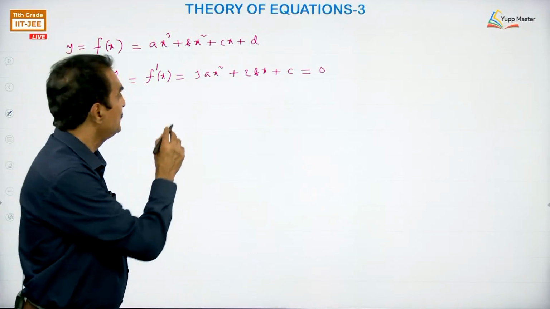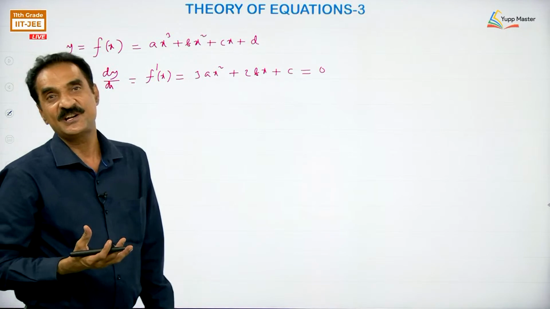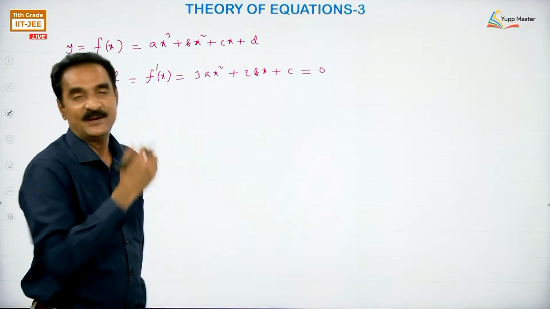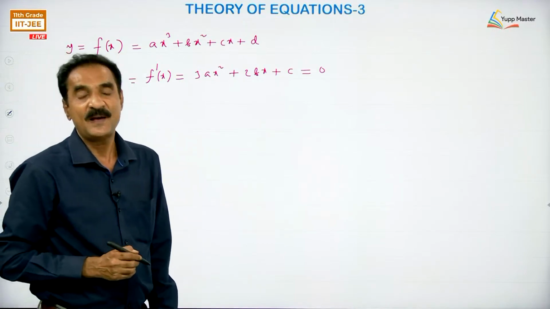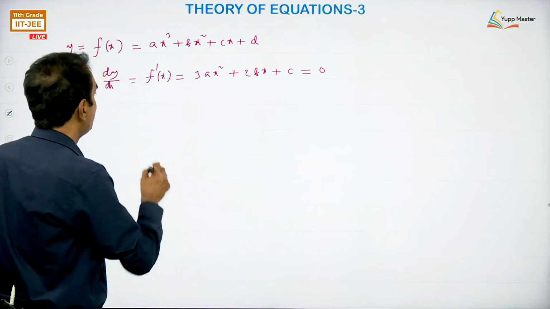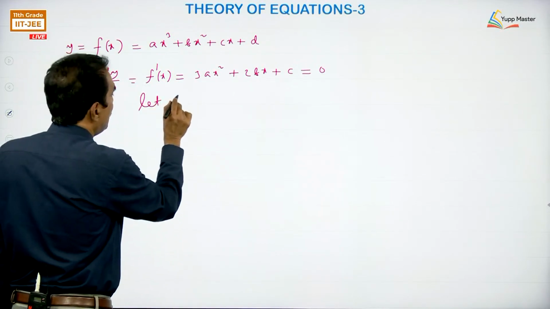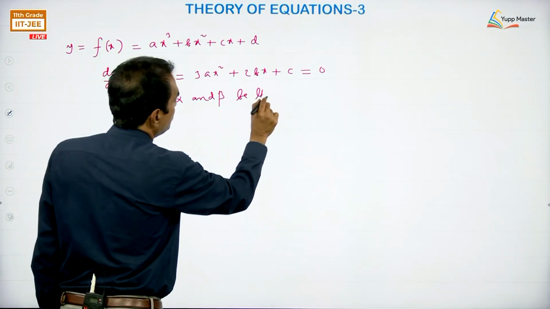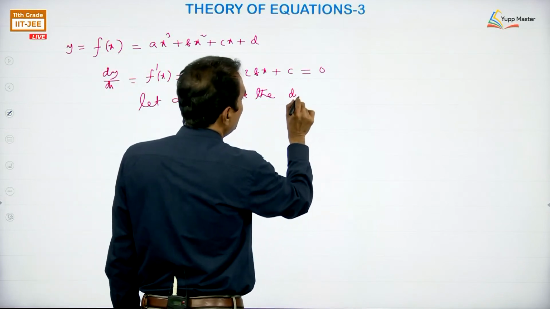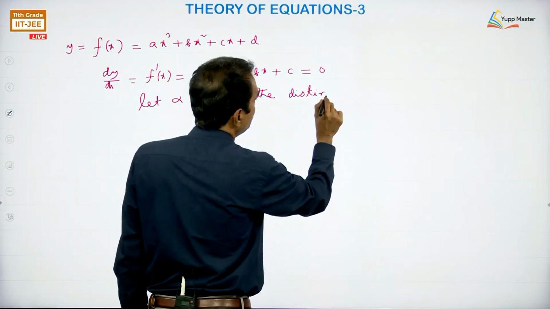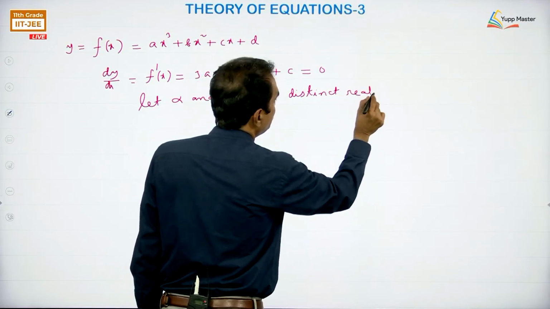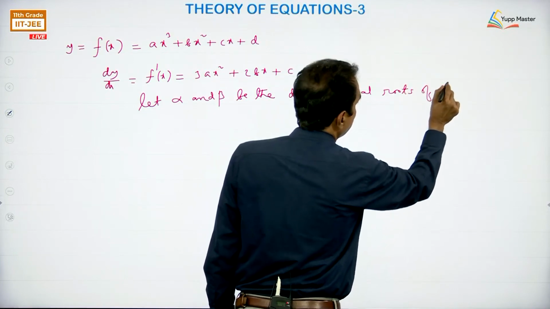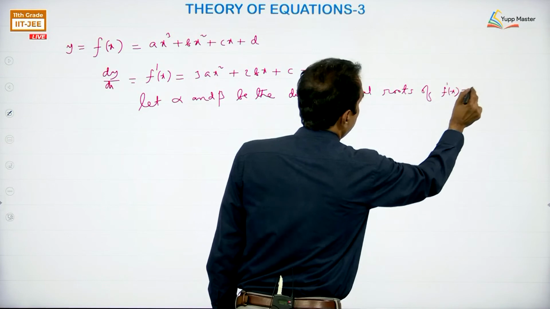Then this equation may have two distinct real roots, may have equal roots, or may have imaginary roots. First I am taking the case when the roots are real and distinct. Let alpha and beta be the distinct real roots of the equation f dash x is equal to 0.